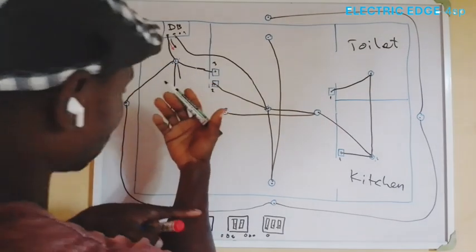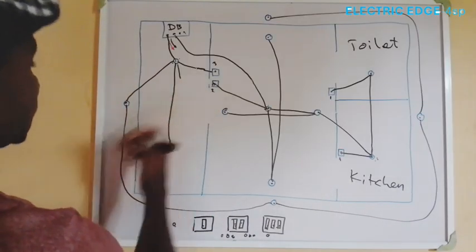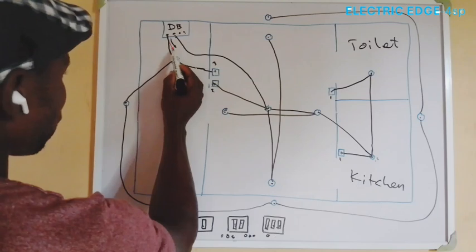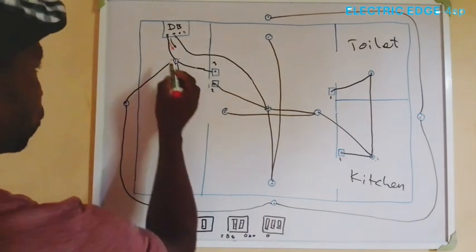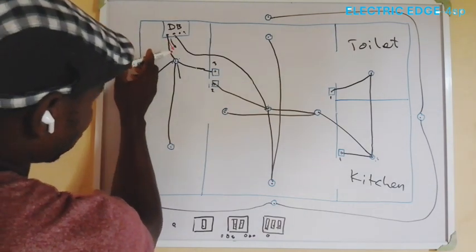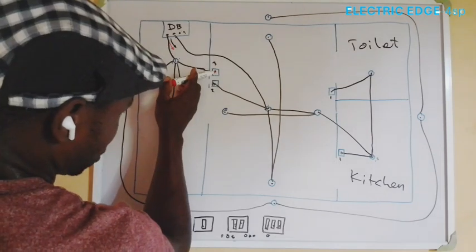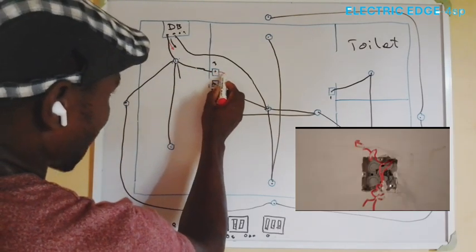You can leave 1 foot or more than that if a POP will be put on that particular house. Now, your red will travel through this pipe, enter this box, pass this box, and enter this switch and stop. When your red stops, you will reserve your red.